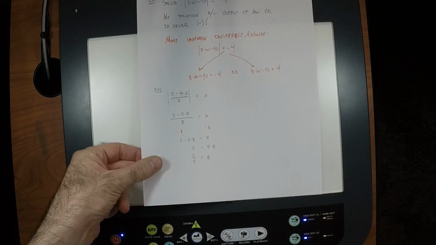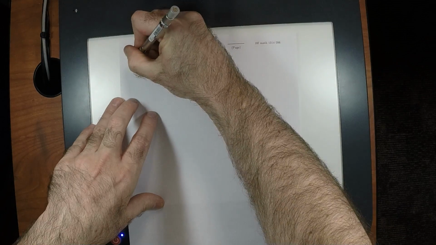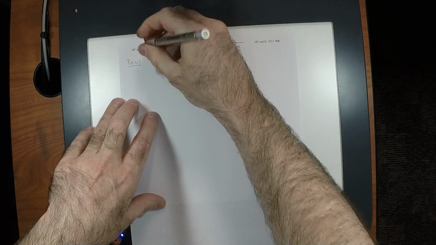So now we've been talking about absolute value a little bit, and now I want to make sure that you have a way to think about absolute value visually, so let's plot it.